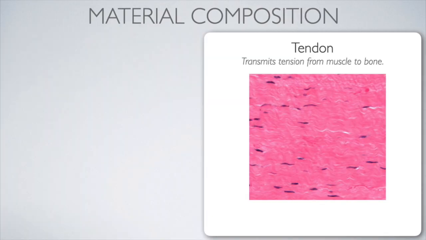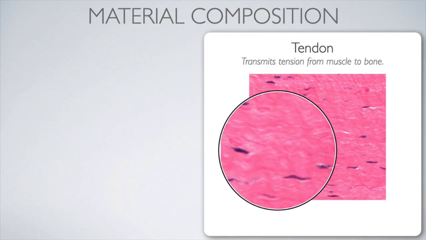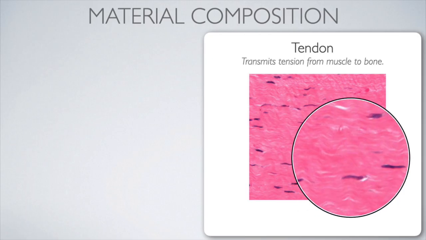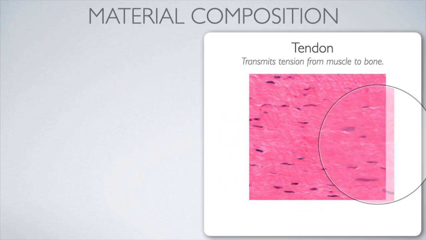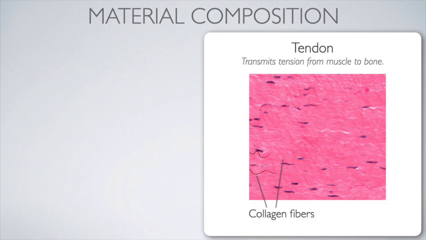So for example, we have tendon. What we're looking at here is a histological section. And you'll notice that there are these pink squiggly bits here that are highlighted in this histological section. And what those are collagen fibers.